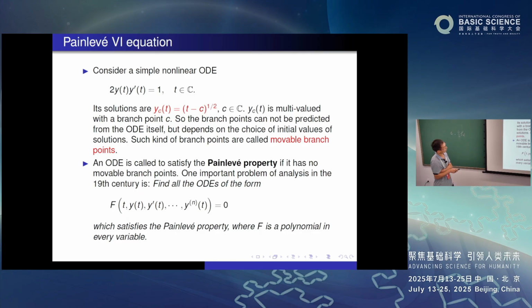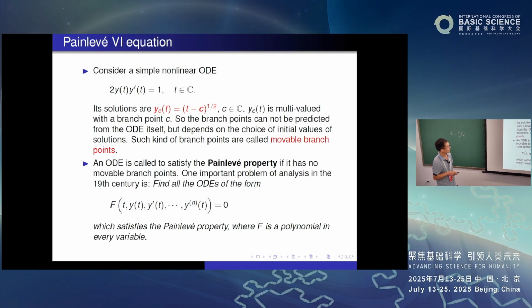So from here you know that this solution y_C is multi-valued with a branch point C, and this branch point C cannot be determined from this equation; it depends on the choice of the initial data. Such branch points are called movable branch points. So an ODE is said to satisfy the Painlevé property if it has no movable branch points.